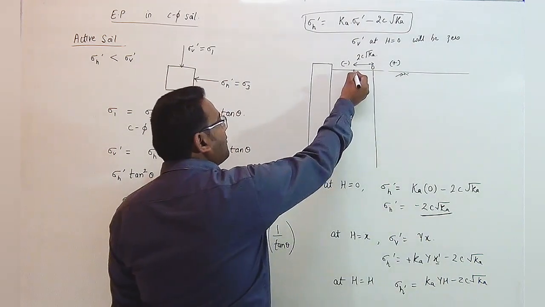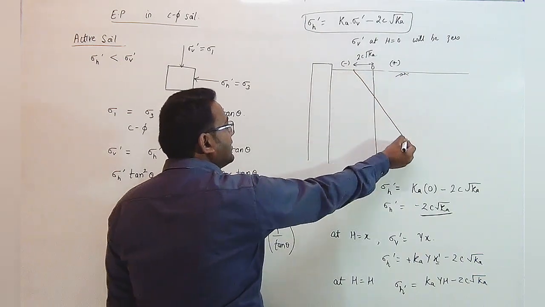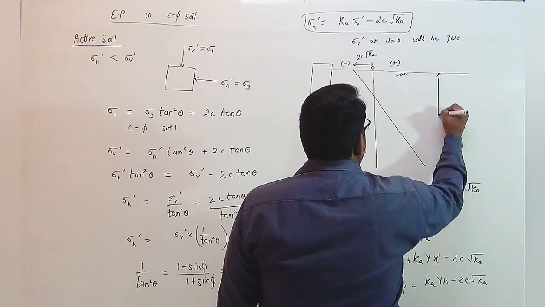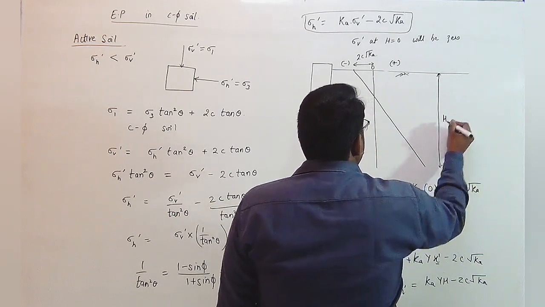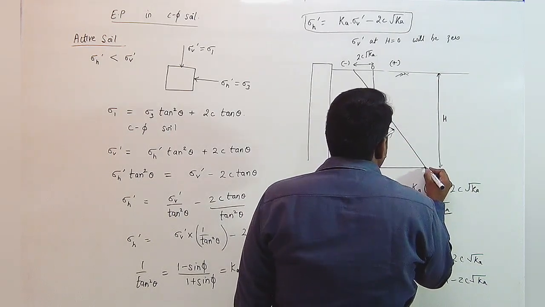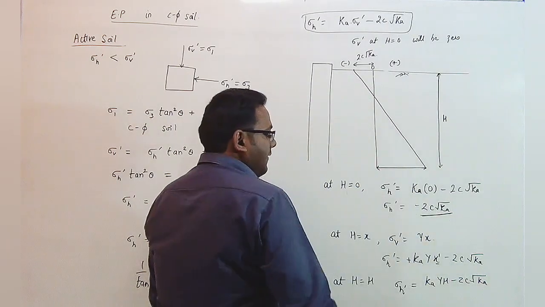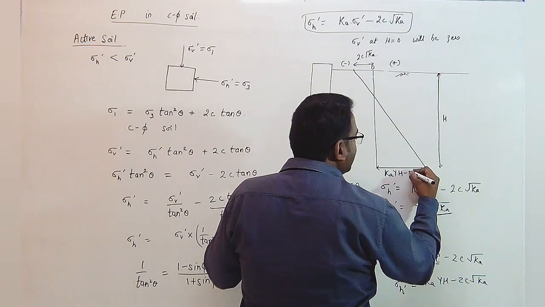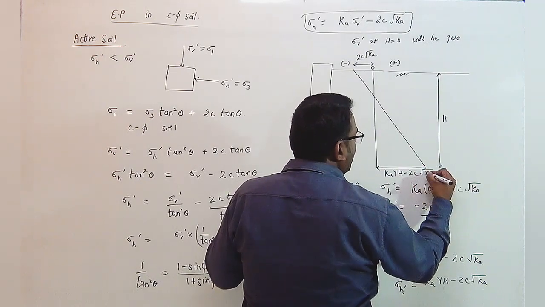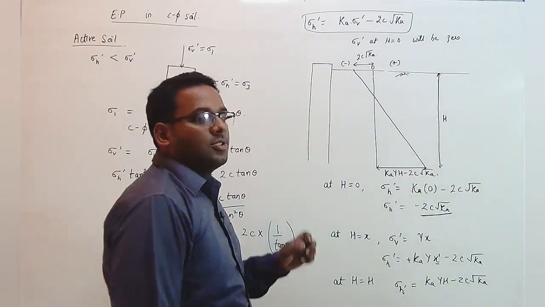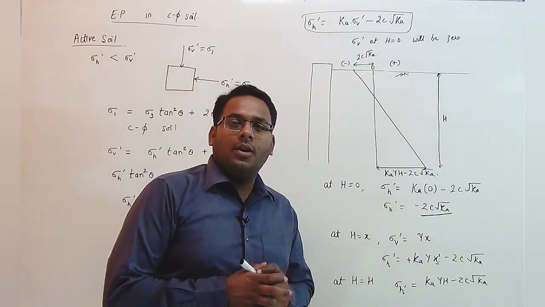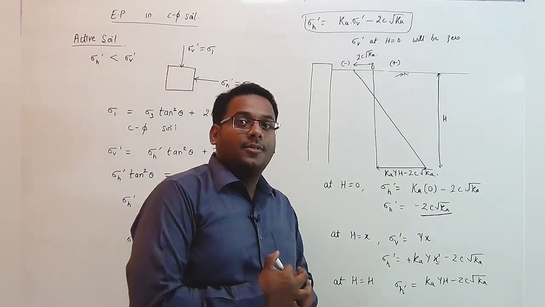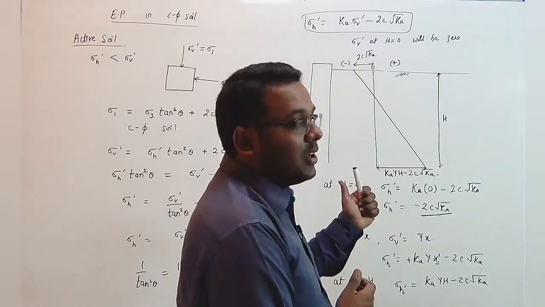That means the graph will increase like this. And at any depth h, the value of horizontal stress will be given by Ka gamma h minus 2c under root of K. So this will be the variation of horizontal effective stress if we are studying a c-phi soil.